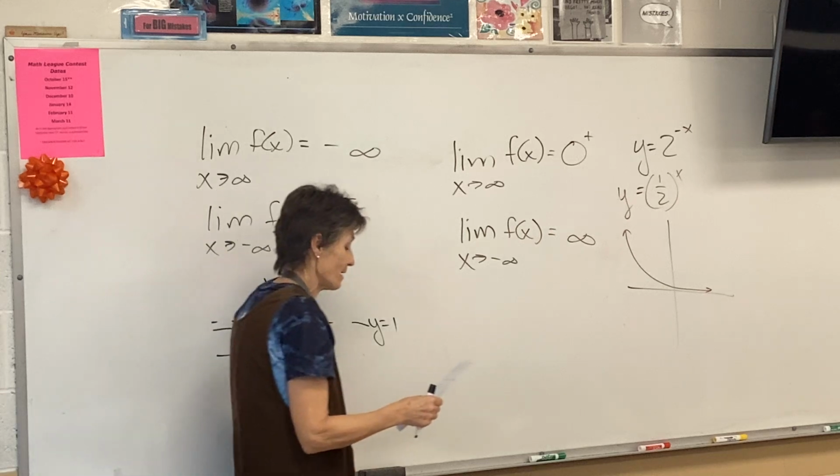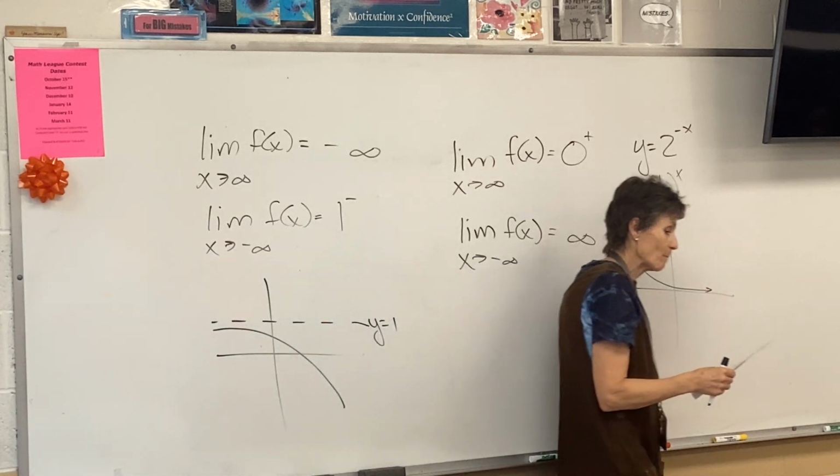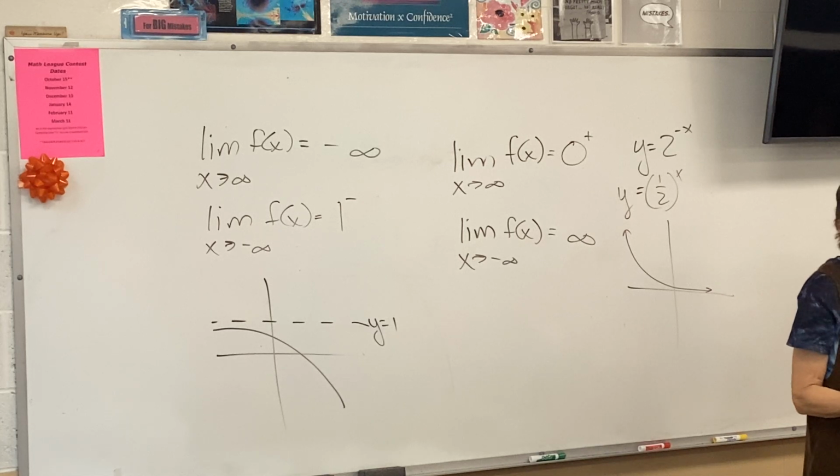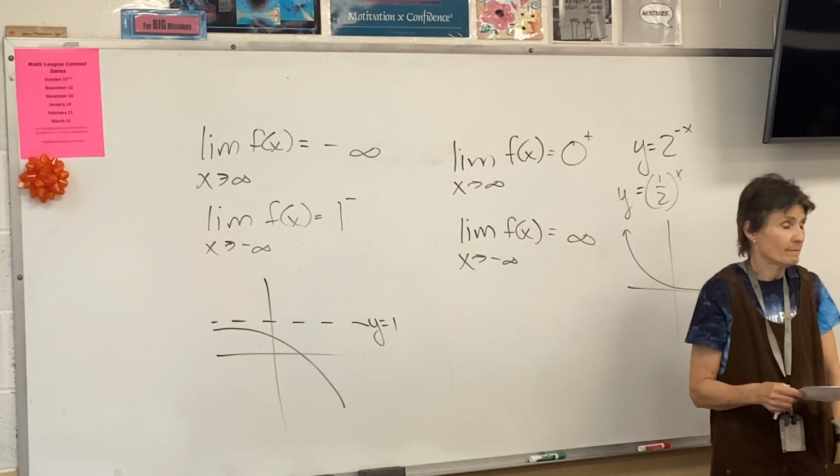All right, number 5. Does this represent growth or decay? That's decay. How do we know it's decay? The ratio, which is 0.947, the thing with the x, the base, is less than 1.